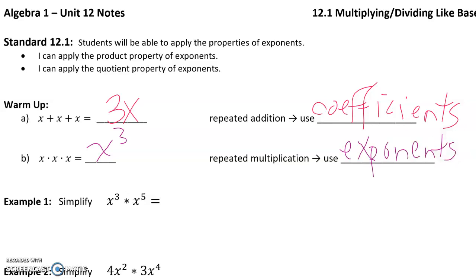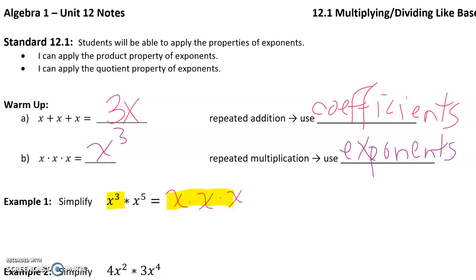All right, so now let's use that to help us when we are multiplying x cubed times x to the fifth. Remember, when we have powers, that means that we are using repeated multiplication. So when we have x to the third, that means that we have x times x times x. That covers our x to the third.